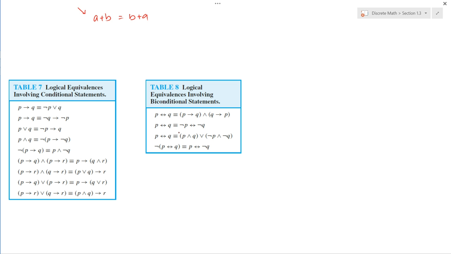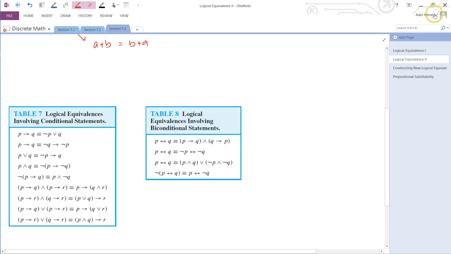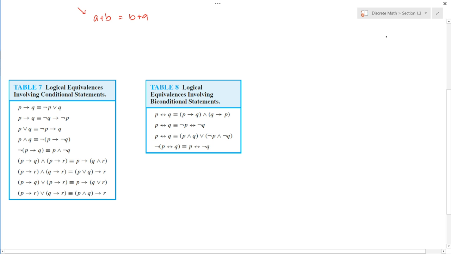Now, I need to pause over here and discuss an extension to De Morgan's law.